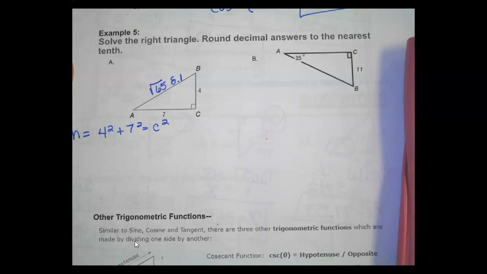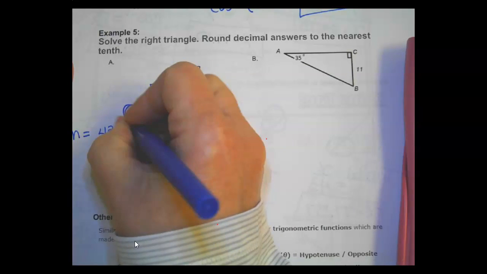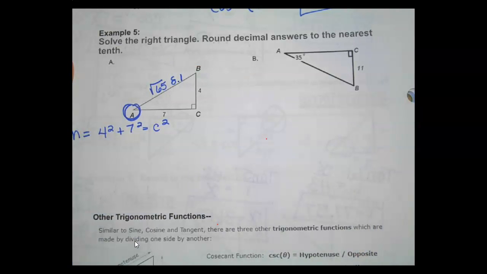All right, so are we trying to find A? What if we were trying to find A? What's given to us? Solve the right triangle.